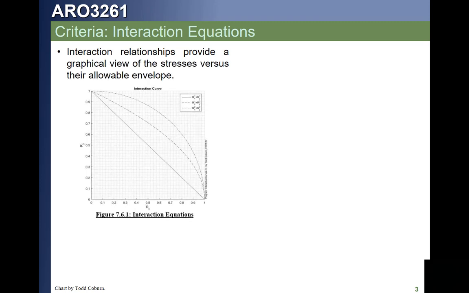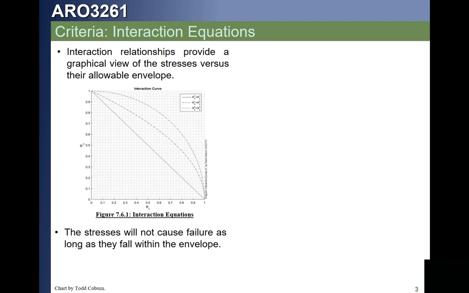The way we evaluate interaction equations, we actually have two ways to evaluate them. Often, for a given interaction equation, we can find a closed form margin of safety equation, as we will see in one moment. Whenever a closed form margin of safety equation is not available, we will need to plot the curve using the interaction equation.